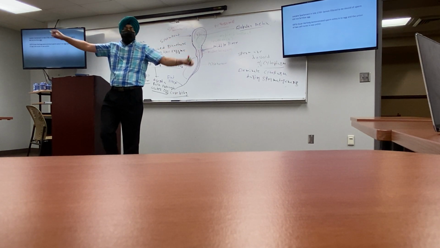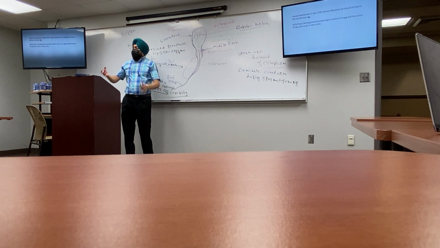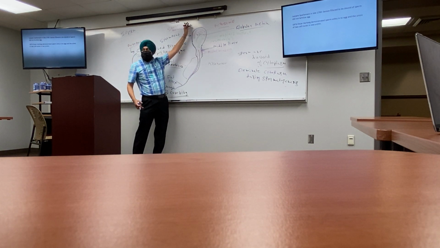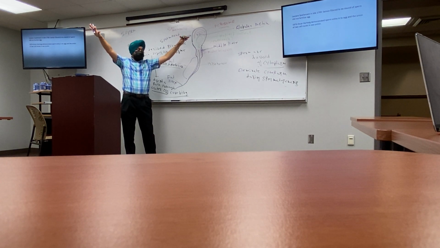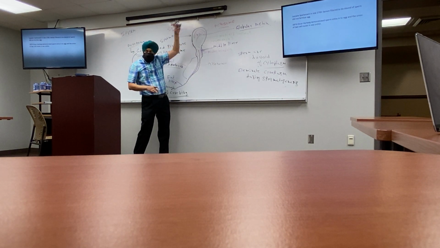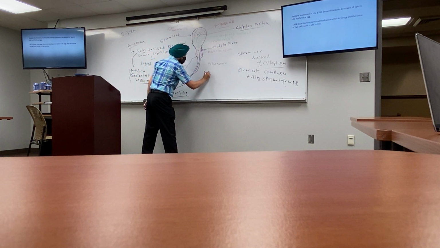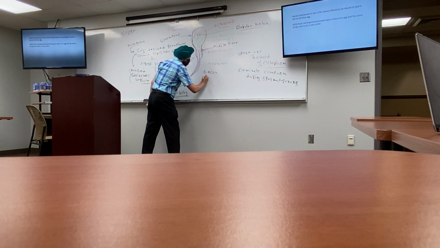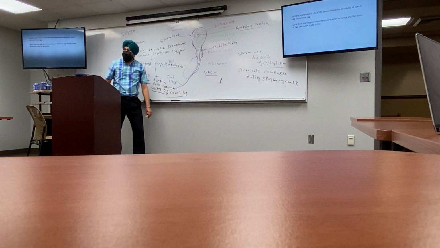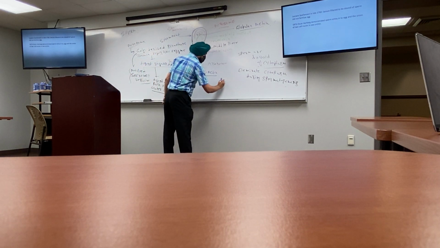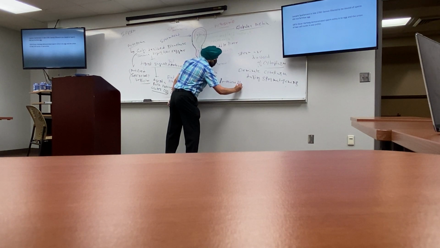So when this sperm reaches the egg, and how that happens we'll talk about in the coming chapters, this globular actin can change into F-actin and form microfilaments.